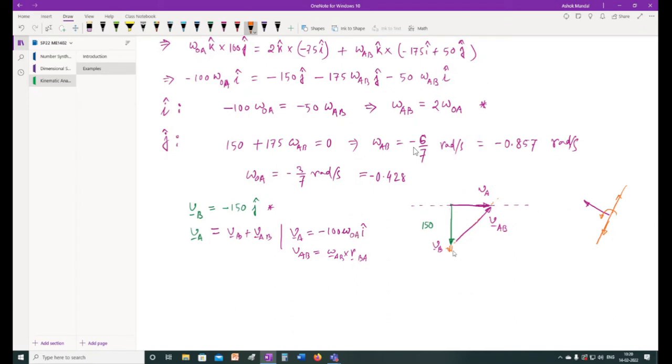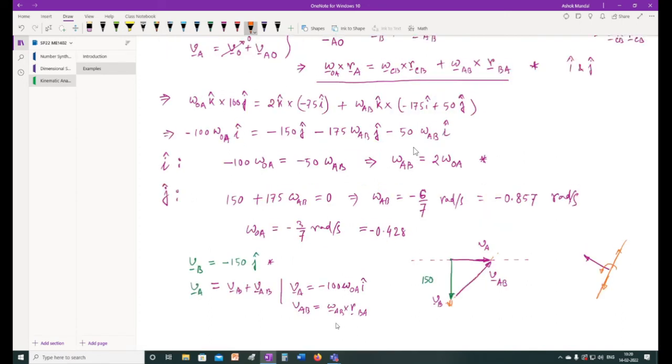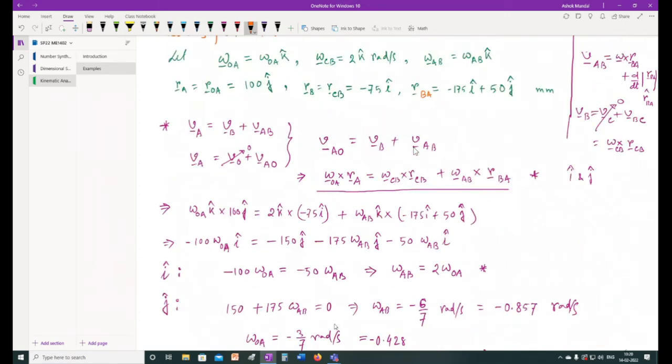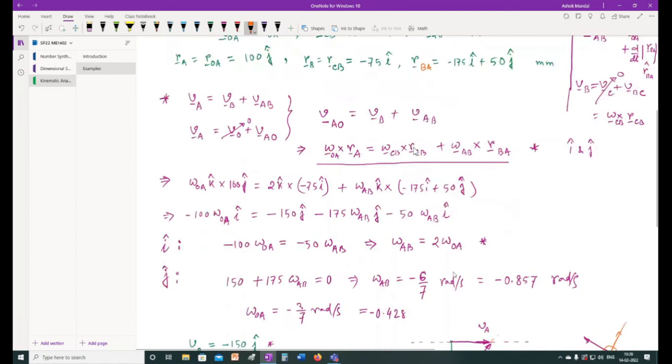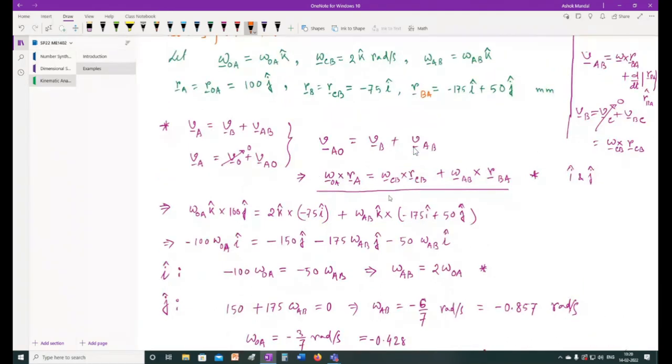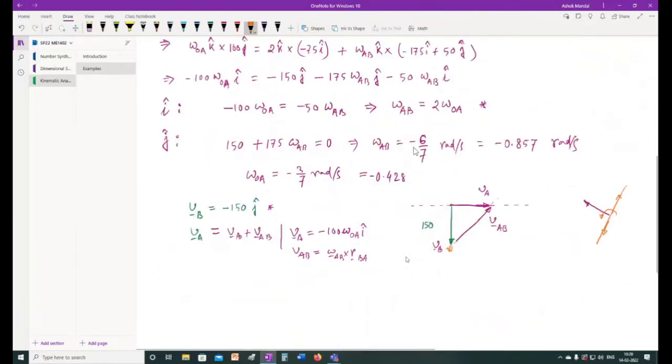Then they intersect, and that is the intersection point. What I am again and again trying to tell you is that this graphical method is nothing but just plotting of this vector equation.